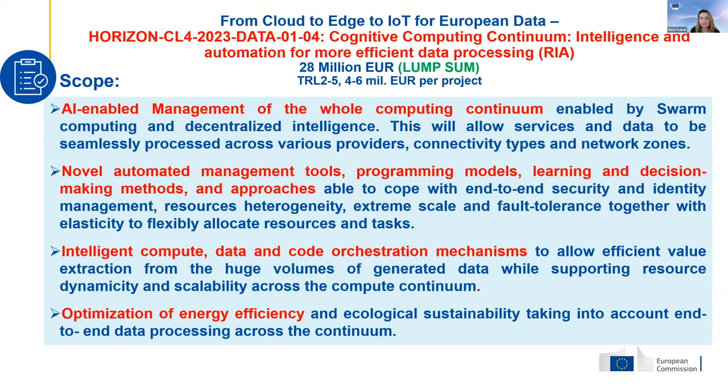And at the same time, it has to support resource dynamicity and scalability across the computing continuum, as I said before. For sure, the optimization of energy efficiency is very important, and taking into account the sustainability from end-to-end data processing across the continuum. So make sure that your proposal is in scope of these points here, okay?